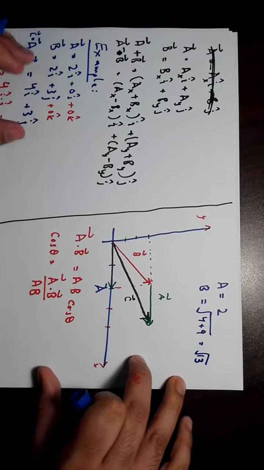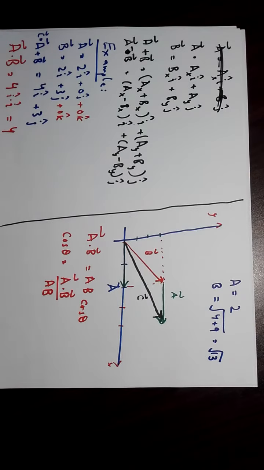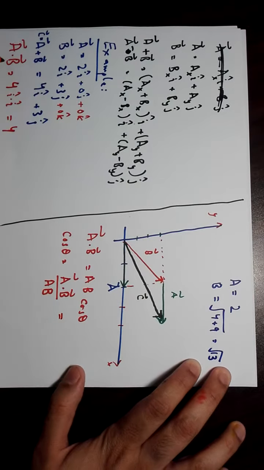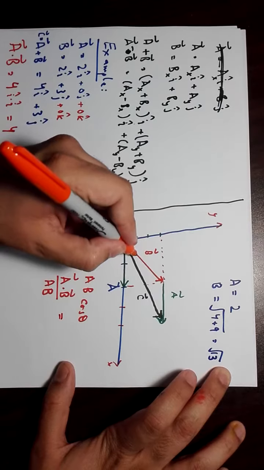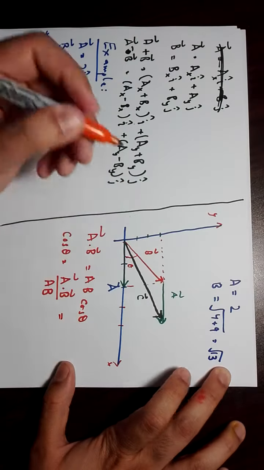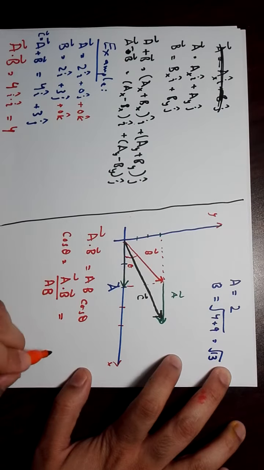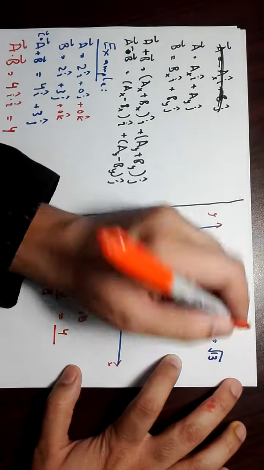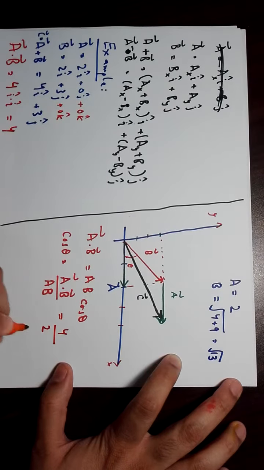Now you just have to plug these in to find the angle theta between A and B. A dot B is 4, and the magnitudes multiply to 2 times the square root of 13.